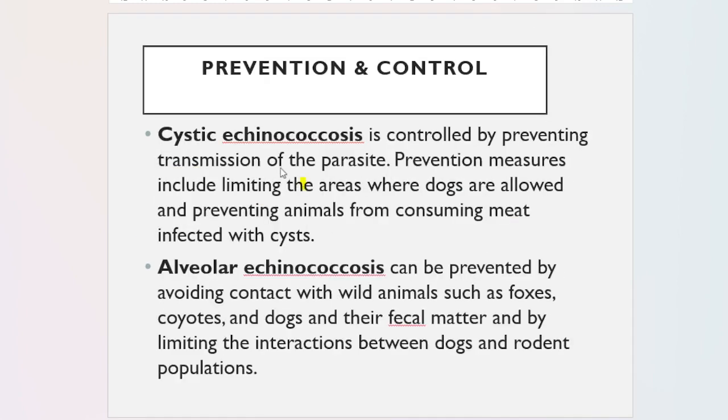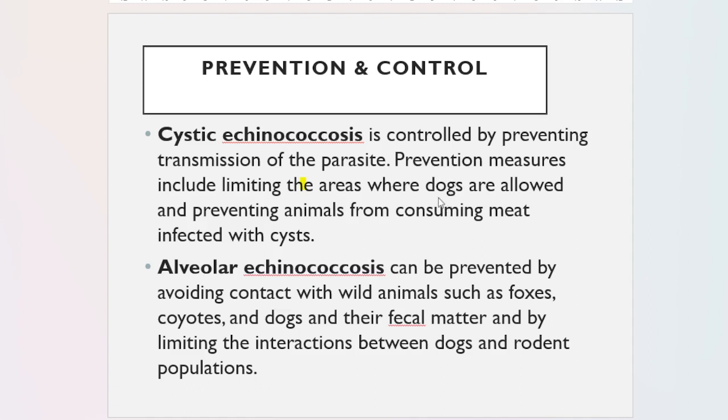Okay, what else? Cystic echinococcosis is controlled by preventing transmission of the parasite. Prevention measures include limiting the areas where the dogs are allowed and preventing animals from consuming meat infected with cyst. Kaya nga it's very important yung pinapavet kapag if you have pet animals.